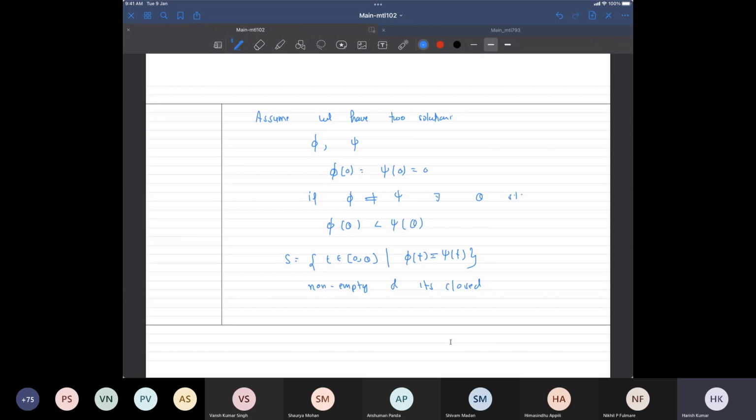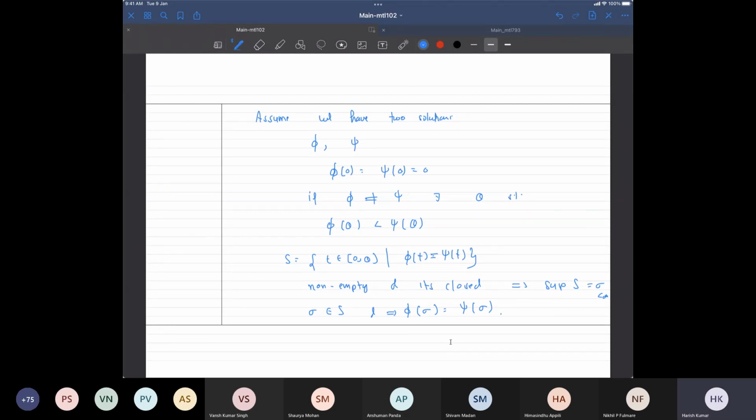So this set is closed. That means it will have a supremum. So this implies that the supremum of S will be sigma, a finite number. Not only that, this supremum sigma is an element of S, and phi(sigma) is equal to psi(sigma). Is this clear so far?